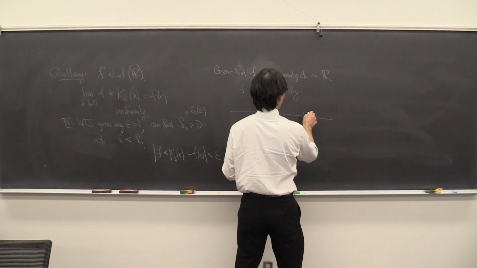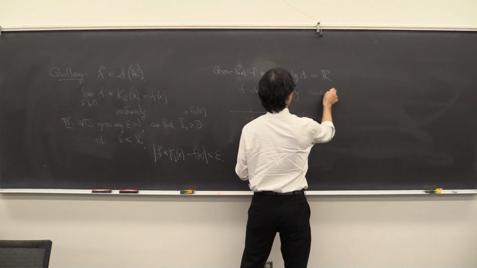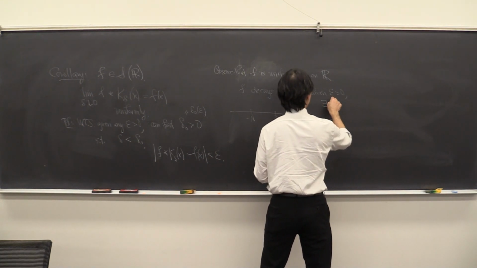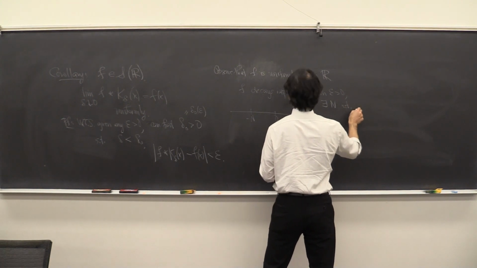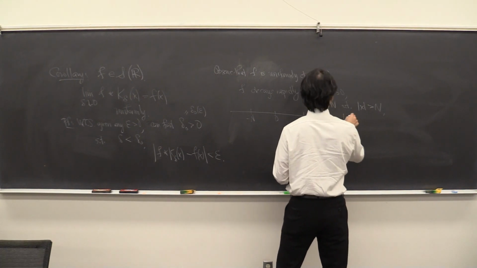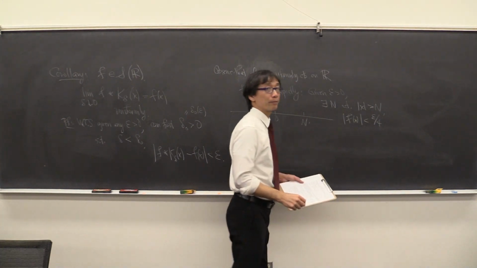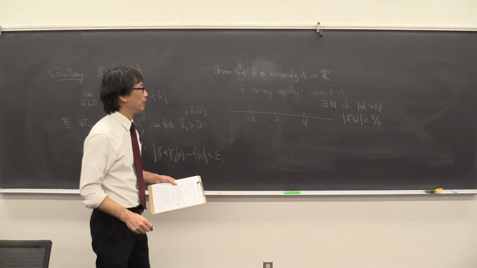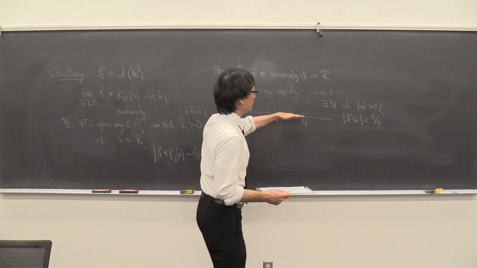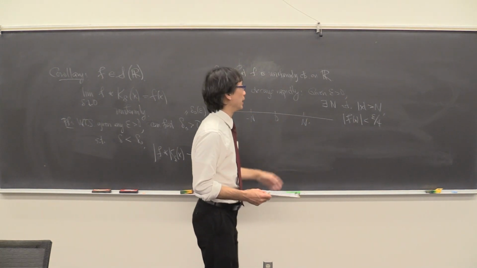Given epsilon, there exists some interval so that if we're outside of that interval, then the size of f of x is tiny, right? And so we don't have to worry about differences in f outside of that interval.